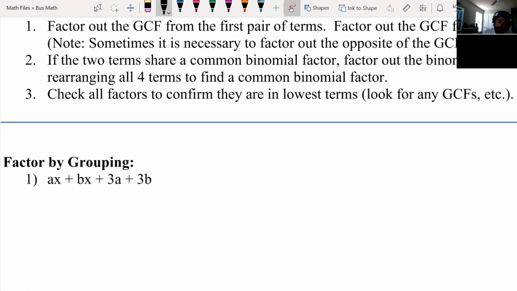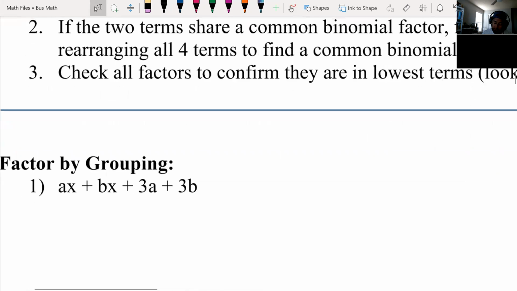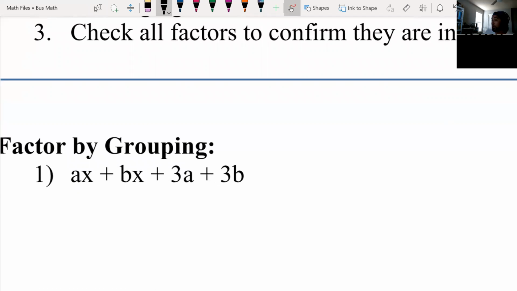So let's try it out. And like I said, always look for greatest common factor first. And we see there's some numbers here, but here I have a, b, 3, 3. Nothing's coming from there. I have an x, an a, a b.